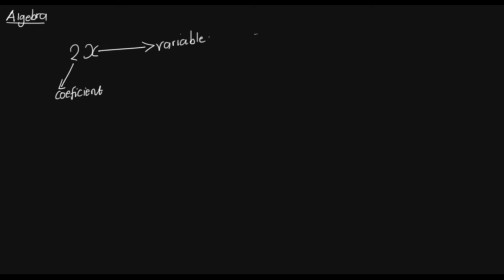Now from there, we need to also look at like terms and unlike terms. So what are like terms, and also what do we mean when we say they are unlike terms?